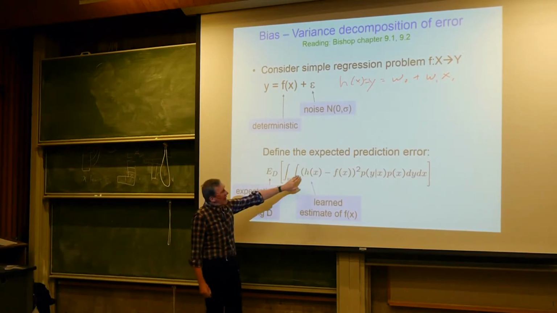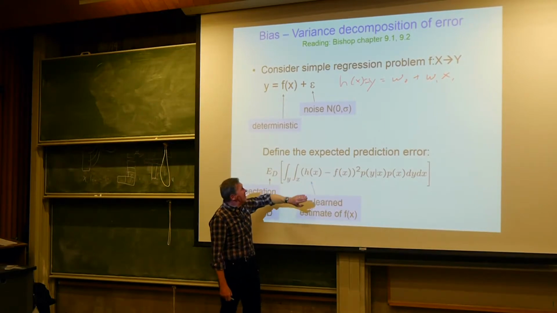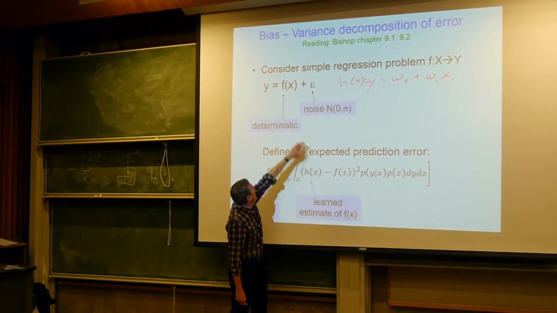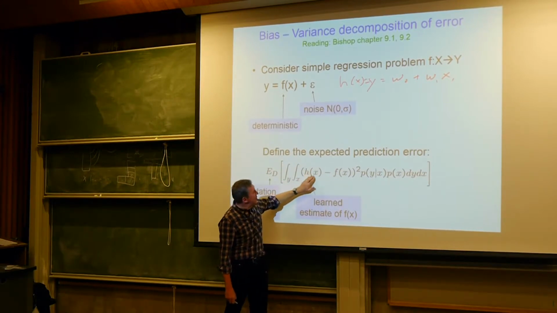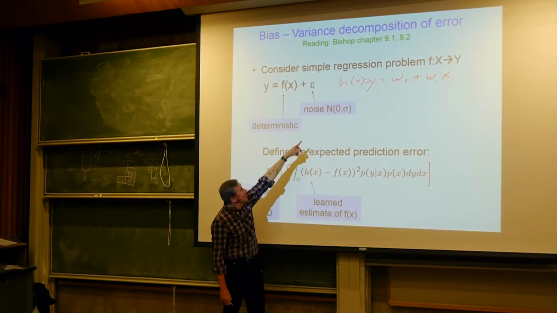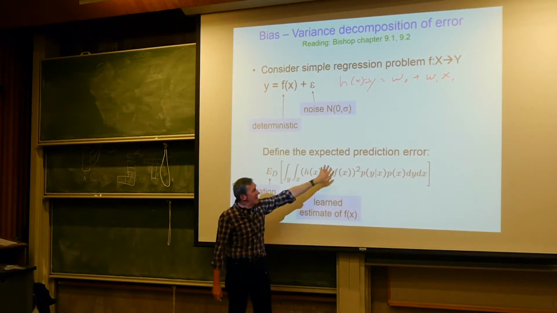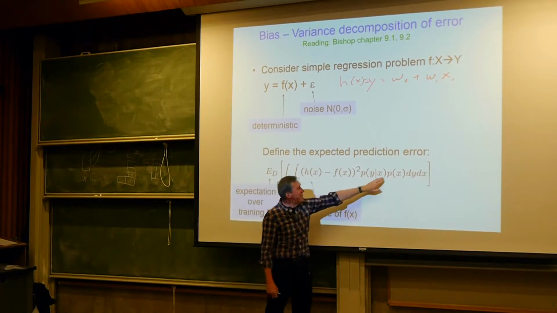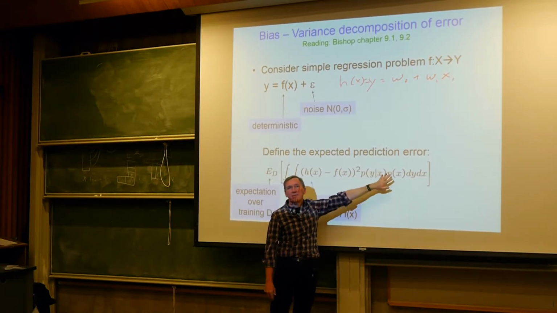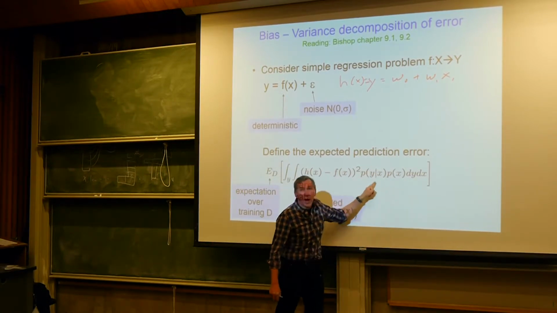So then we could write that out and say, well, the expected squared error is just the true output, the y we're really going to observe, minus our hypothesis h that we learn, the square of that. And we want to integrate that over all the possible values of x and y. Remember, by the chain rule, this is just p of x, y.